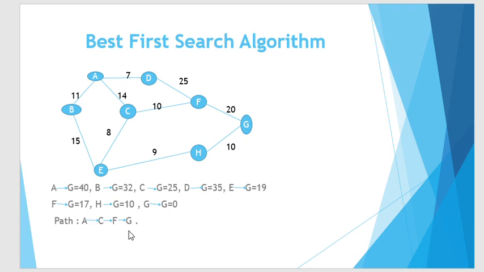But always remember that in the worst case, it is the same order of b to the power d. That depends on the heuristics. If your heuristic is good, if you have calculated the heuristics properly, then it is good.